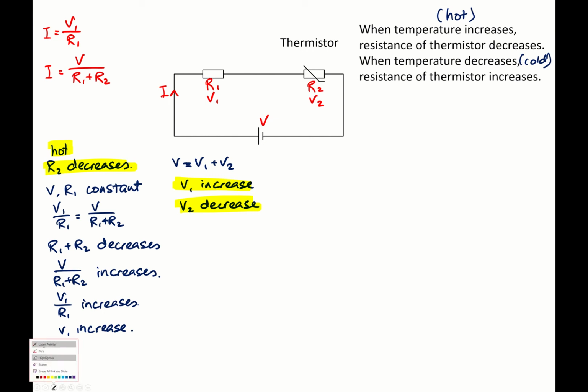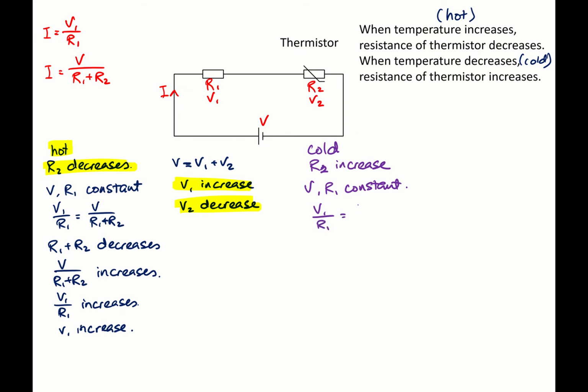How about under cold conditions? So when it's cold, the resistance of the thermistor increases. So your R2 increases. But we know your V and R1 are constant. And from the equation, V1 over R1 equals V over R1 plus R2.